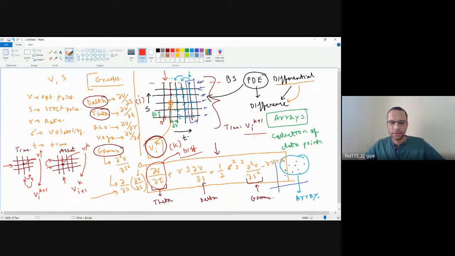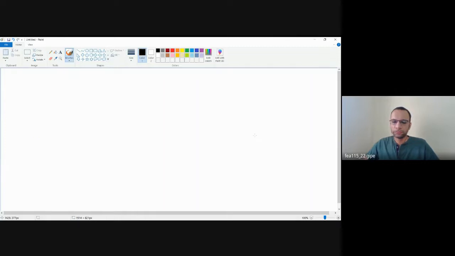So I'll just erase this. Now, again, when I say we are working on numerical techniques, we are working on numerical approximations. That is, we don't have an exact solution, but we have a close enough solution to the expected value. So that's why whenever you use numerical techniques, you say that you're working on a numerical approximation. You cannot have an exact answer, but your answer will be very, very close to the expected value.